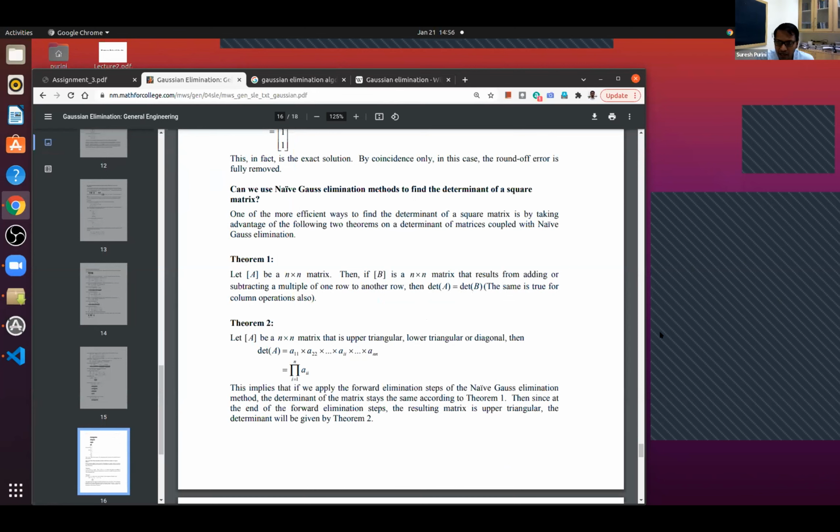And the determinant of a lower triangular matrix or upper triangular matrix is the product of the elements along the diagonal. So you solve the determinant problem also. And this is a polynomial time algorithm to compute the determinant, whereas the algorithm that we used with the cofactor approach is an exponential time algorithm.